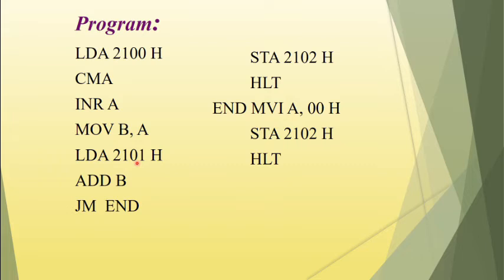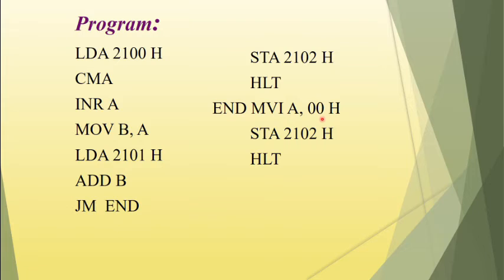Now if the result of this operation is negative, in that particular case we have to jump to this particular location and store 0 to the accumulator and store 00 to the memory location 2102H.